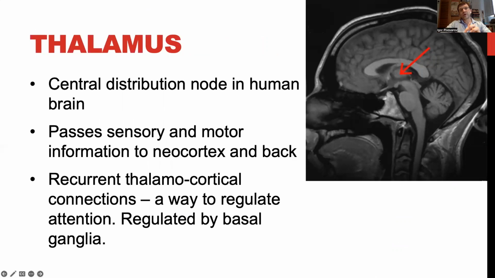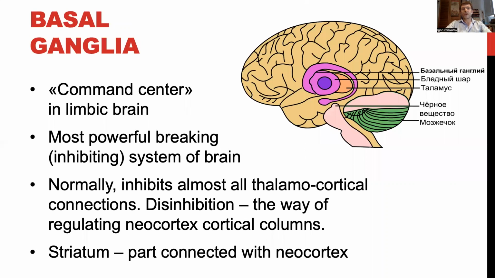The thalamus is a central part of the brain which is responsible for distribution of information. It processes information from sensory motor to neocortex and back, and it is regulated by the basal ganglia. The basal ganglia is in the center of the limbic brain. This is a command center which is responsible for taking decisions.